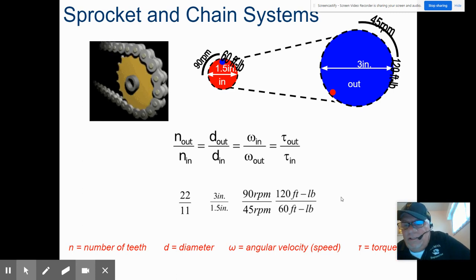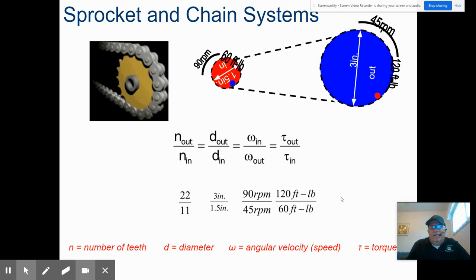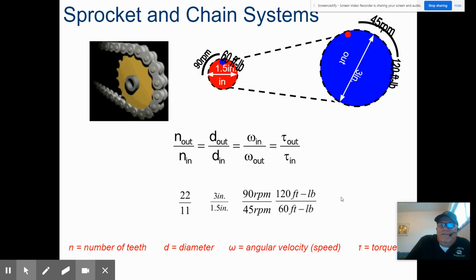These are all in the formula sheet, which you'll be able to use. Here you see the number of teeth that we have, 22 versus 11. And that's how that works. All right.